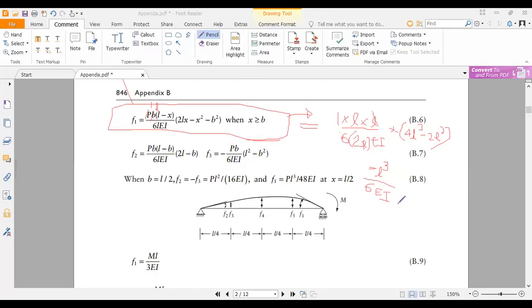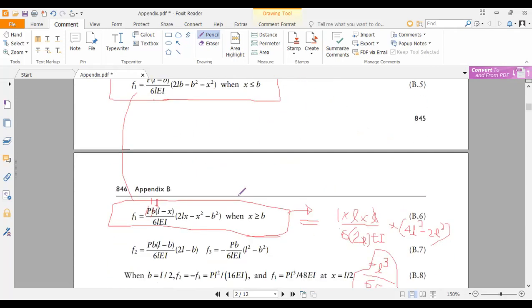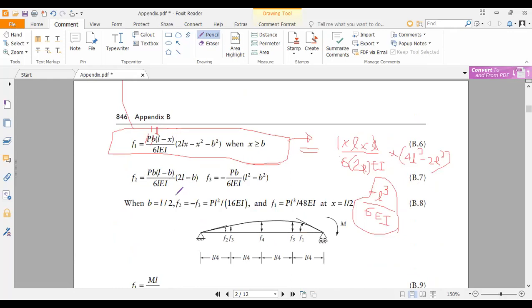So you have this, right? This is F11, right? We take the mirror image, so it is in the upward direction, so it is positive, right? So now we need F2. What is F2 here? If P is at L by 2 also, whatever, you can take F2 as this. So actually our L is 2L, right?